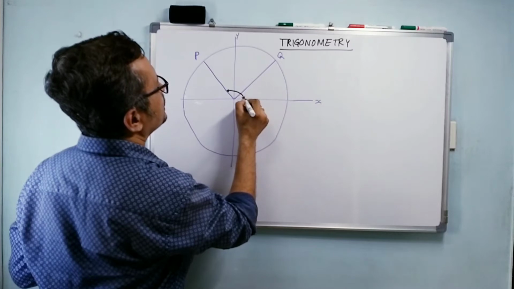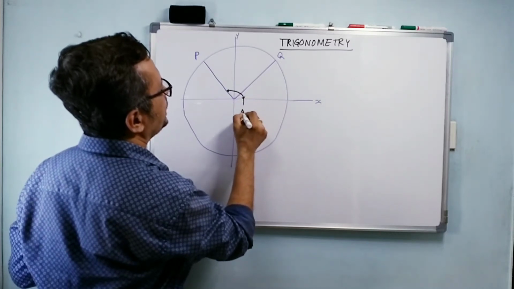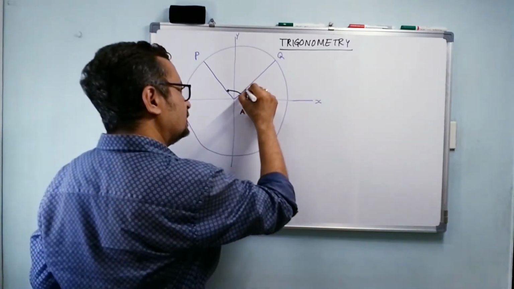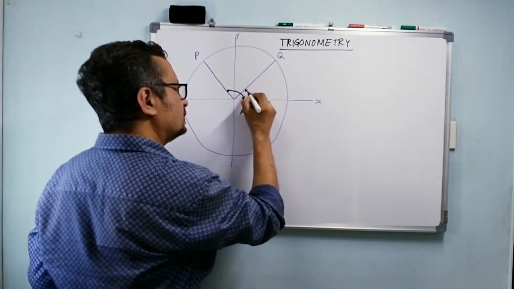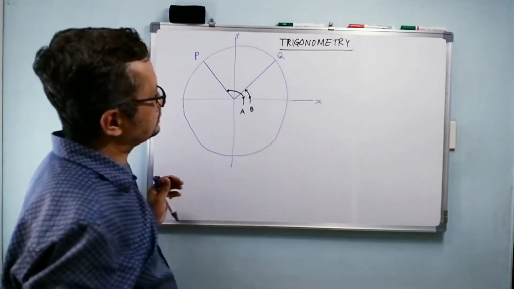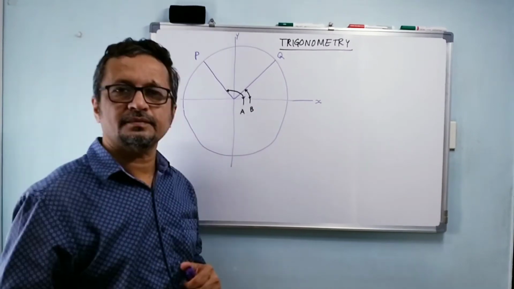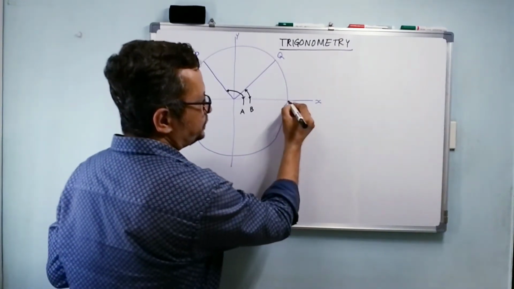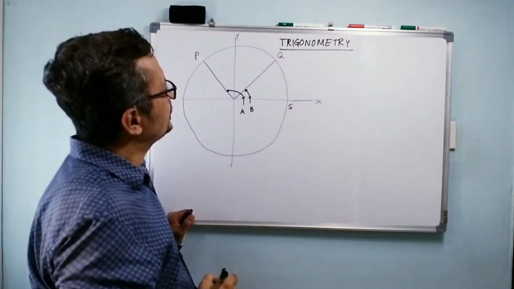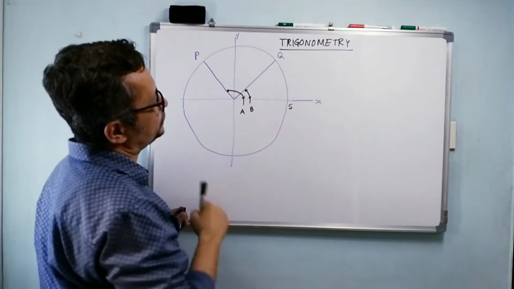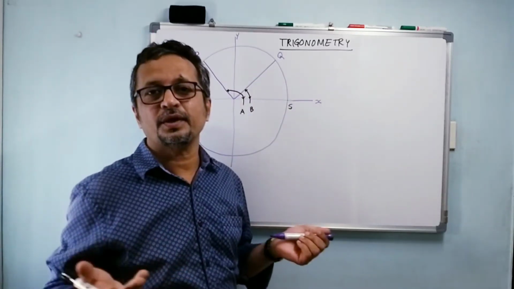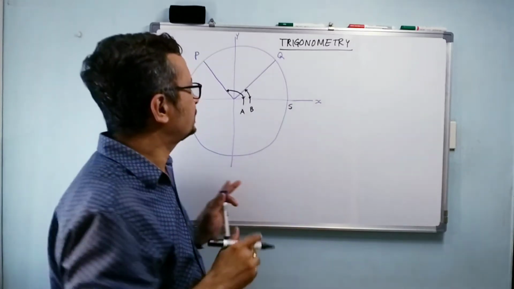So this angle is angle A. This angle is angle B. Now let us call this point S. This is P, this is Q. I'm calling this S. Where are Q and R? They will be there.